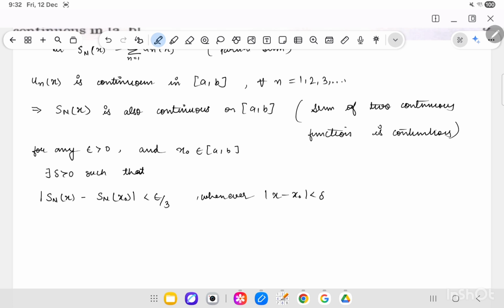We are able to write this because we have concluded that our S_N(x) is also continuous on [a, b].